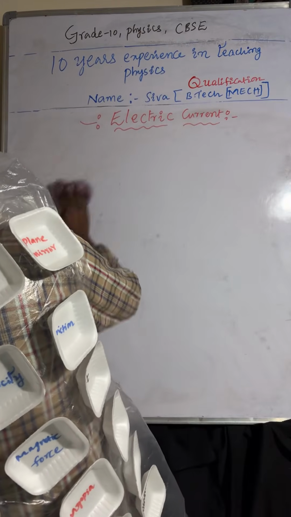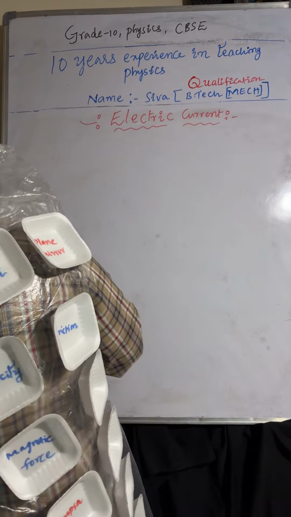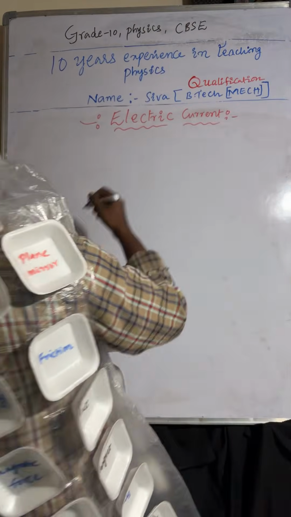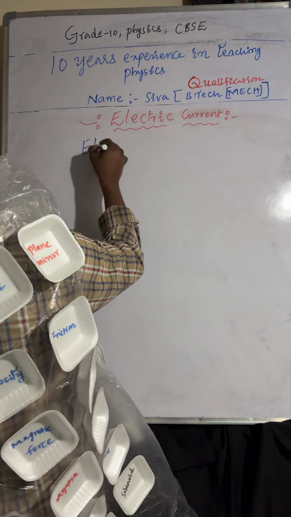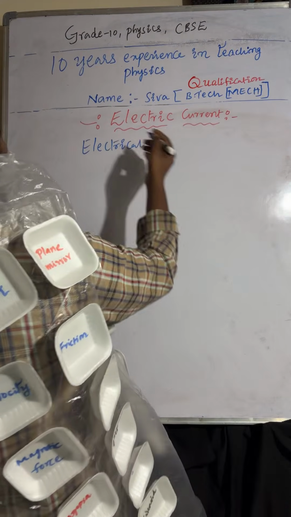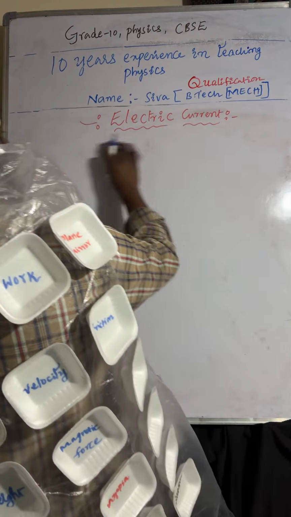So now, first one is electrical elements. Electrical components or electrical elements, we can take anything. Okay. So now, first one is cell.